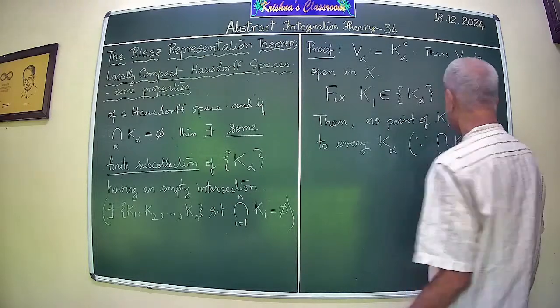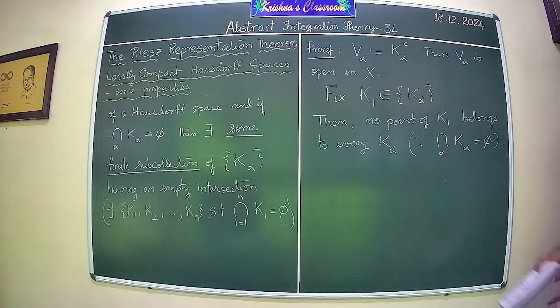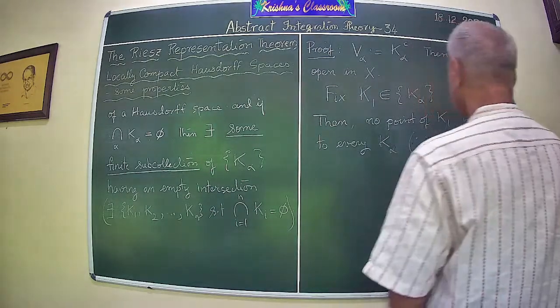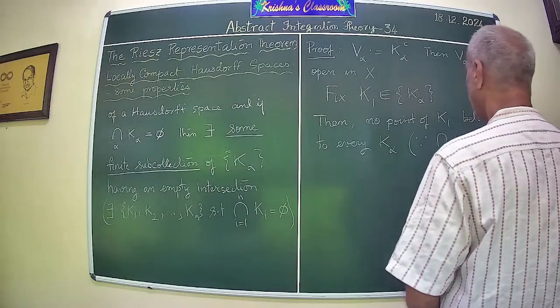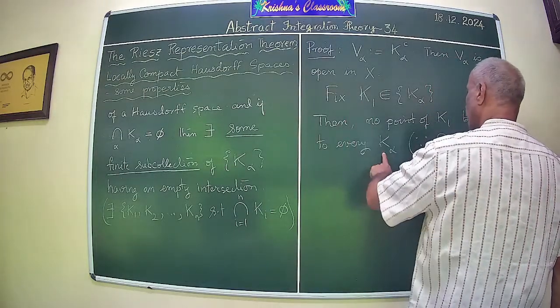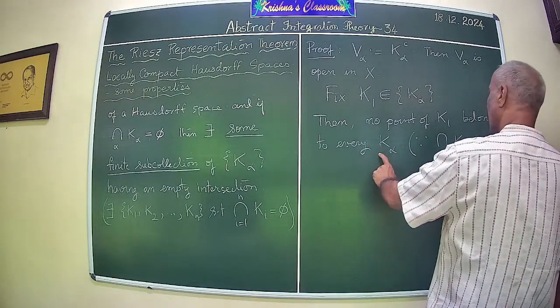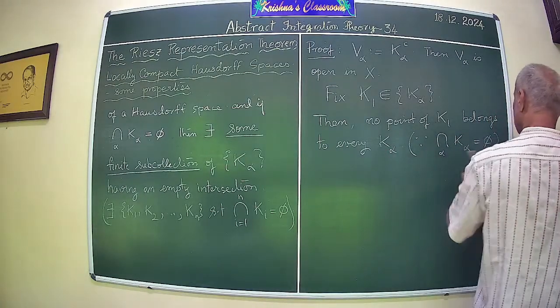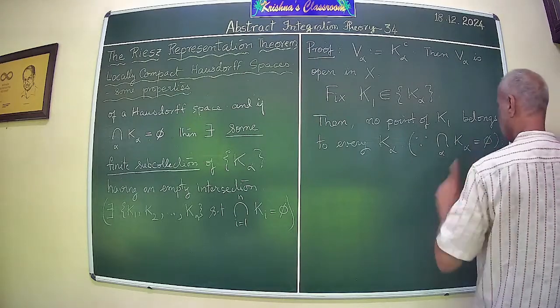Suppose there is a point of K1 which belongs to every one of these K alpha. Then you cannot anymore say that the intersection of the K alpha is empty.